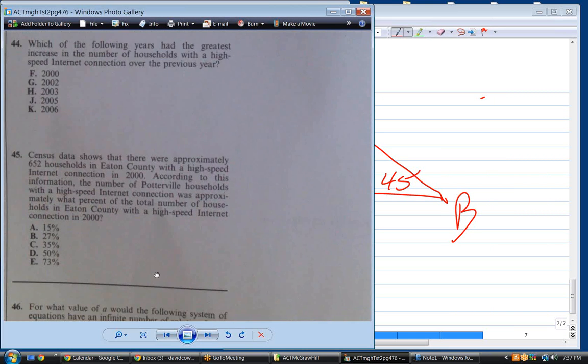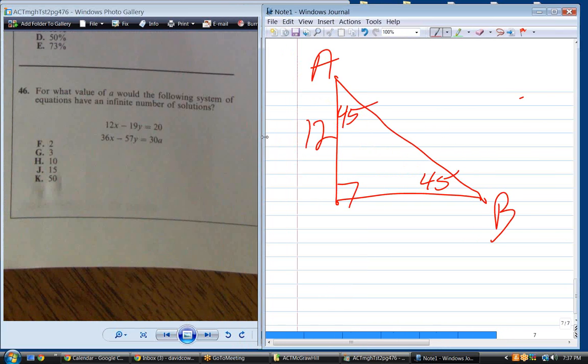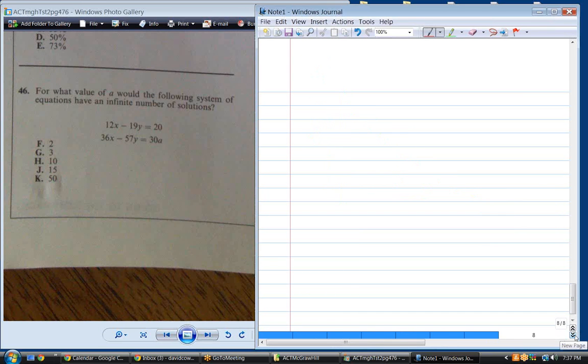All right, let's see. Another one of these kind of questions. What value of A gives you an infinite number of solutions? 2. I finally got it now. It's 2.